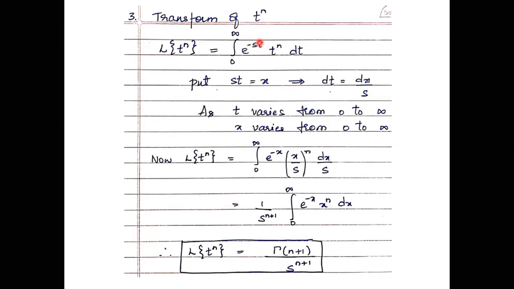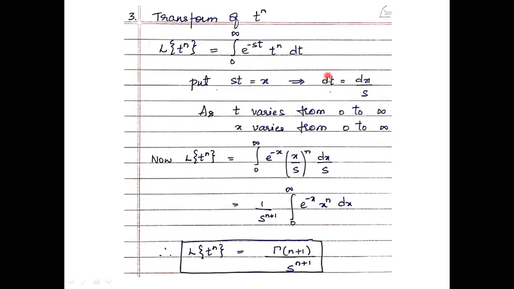So I have taken st as x, and when I differentiate that, I have s into dt equal to dx, or dt is equal to dx by s. And these limits are for t. Now I want the limits for x. So when t varies from 0 to infinity, when t is 0, x is 0, and when t is infinity, x is infinity. So x also varies from 0 to infinity.